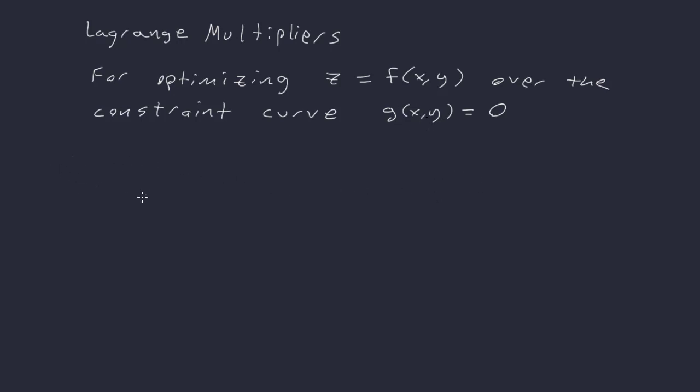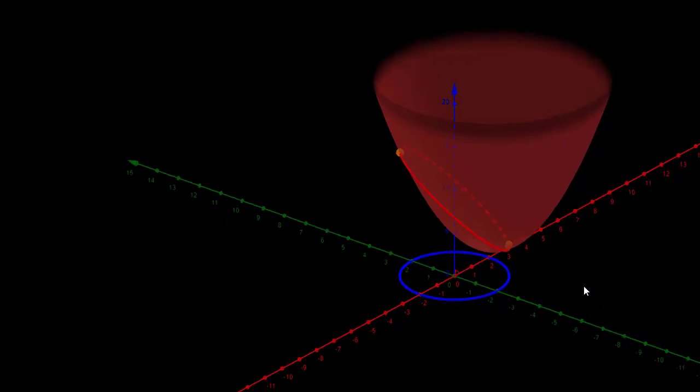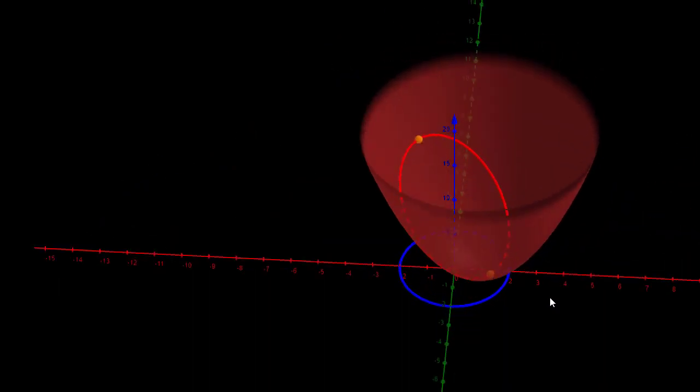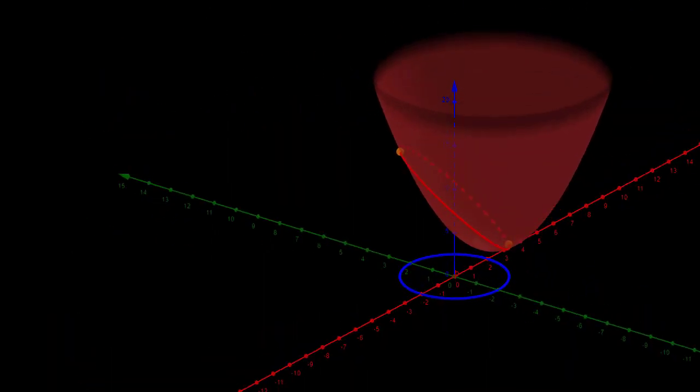So from our previous example, we of course had these functions. Now, if we go back to the graph, here's what the Lagrange multiplier idea is based off. It's based off the fact that gradients are perpendicular to level curves.